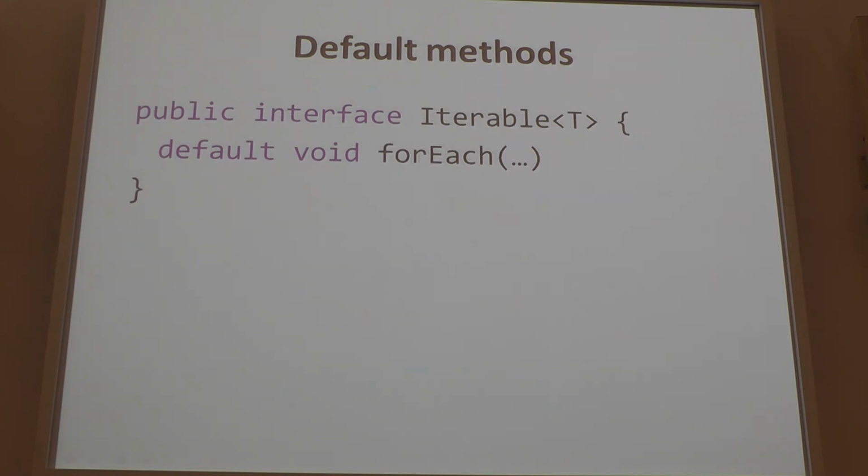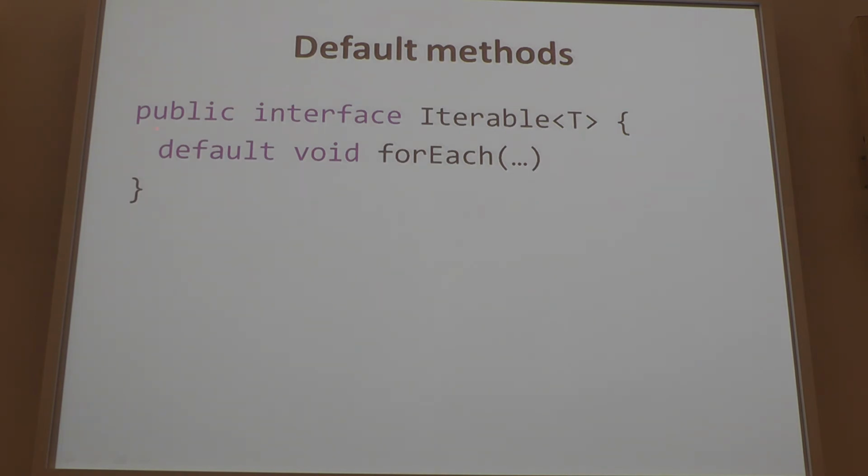The forEach method. java.lang.Iterable is an interface that was added, I think, in Java 5 that is there to facilitate the for-each statement in Java, and it had only one method, iterator. It is not shown here. But now in Java 8, it has a second method that is called forEach, and it takes a function that gets invoked on every element of the Iterable.